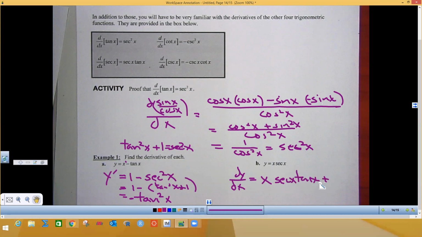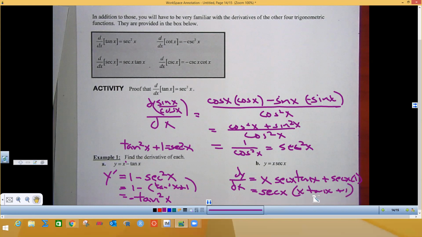And then it's plus, when you're doing product rule, the second term, which is secant x, and then the derivative of x is 1. Now you don't have to put the 1 there because 1 times anything is the same thing. We could write this some different ways. This is fine, but we could also factor out a secant x here, and that would leave x tangent x plus 1.